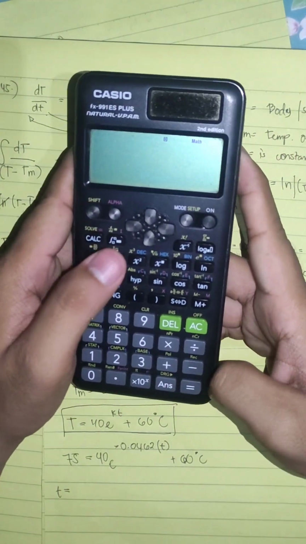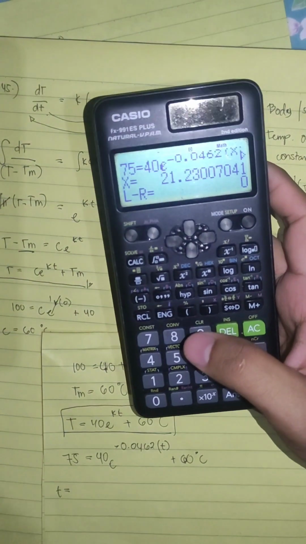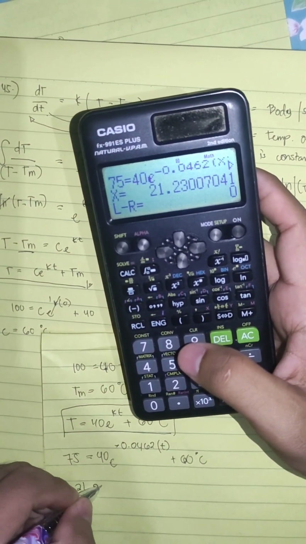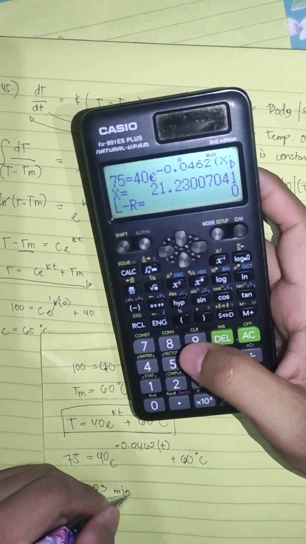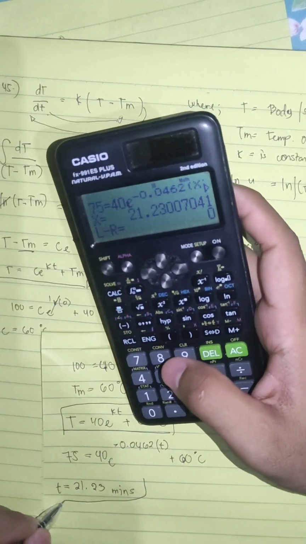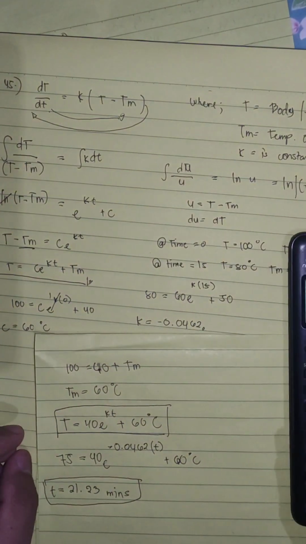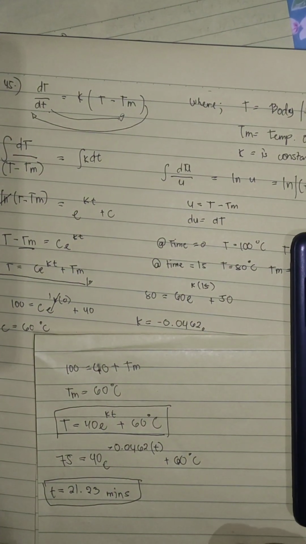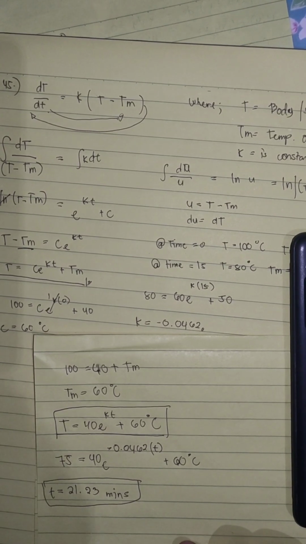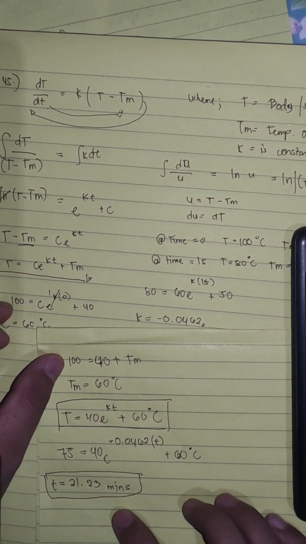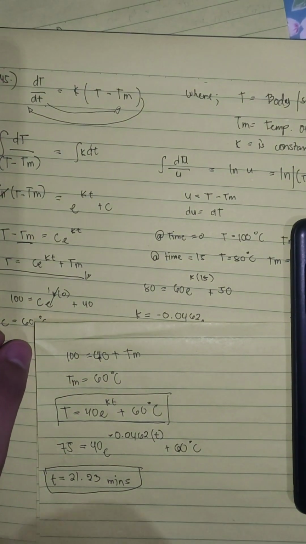If solved, we have a value of 21.23 minutes. So the temperature of the ball will be at 75 degrees Celsius in the time of 21.23 minutes.